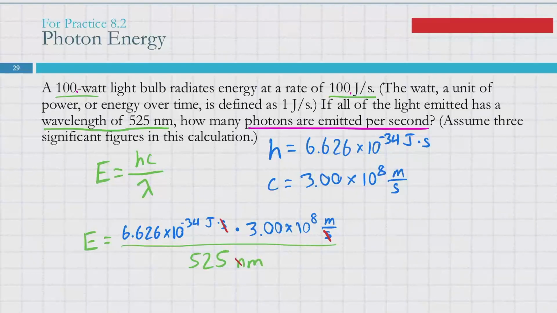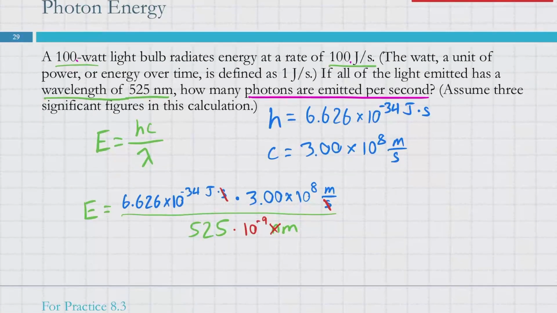So what we're going to do is sub in 10 to the minus 9 for nano, because that's what nano means. It's one of our small units. In intervals of 3, we've got milli is 10 to the minus 3, micro is 10 to the minus 6, nano is 10 to the minus 9. And then we can see that our meters will now cancel. We'll be left with units of joules.